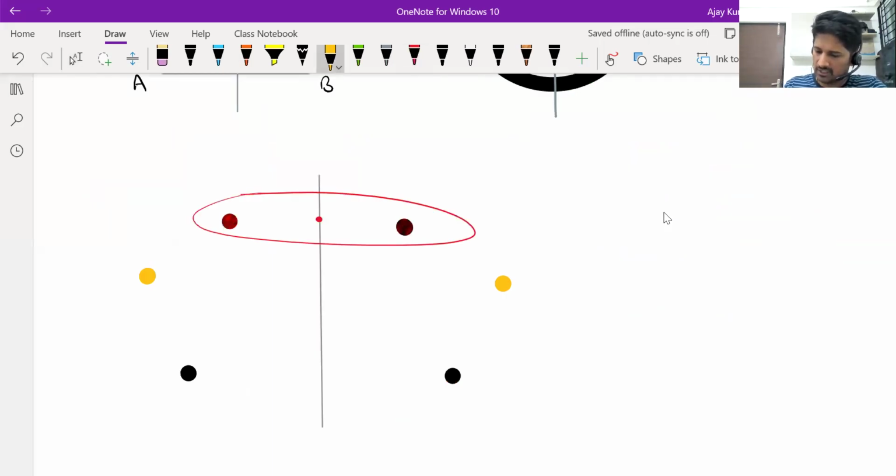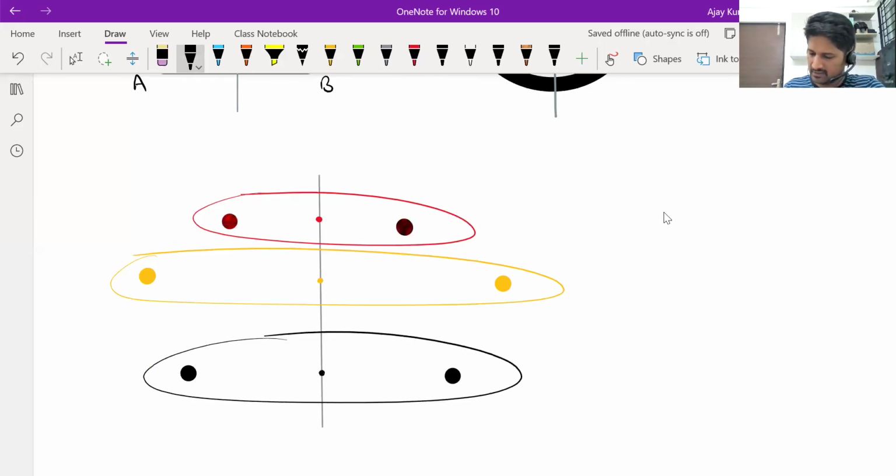For the yellow particles, the center of mass is here. And for the black particles, the center of mass is here. But how did we find this out? We assumed their masses are equal. Black and black have the same mass, yellow and yellow have the same mass. Then the center of mass is the midpoint. That is how we found out that the center of mass lies on this line. So mass distribution should be symmetric.